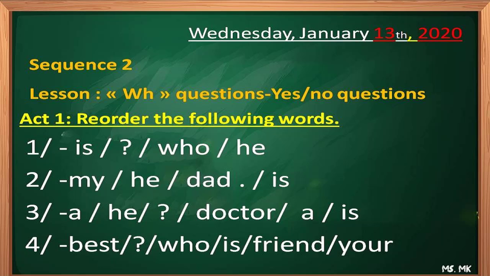The first activity, try to do the activities by themselves. The first activity is form-based. It means that they have to focus on the structure. Here I have introduced WH question, yes or no question, and affirmative sentence.